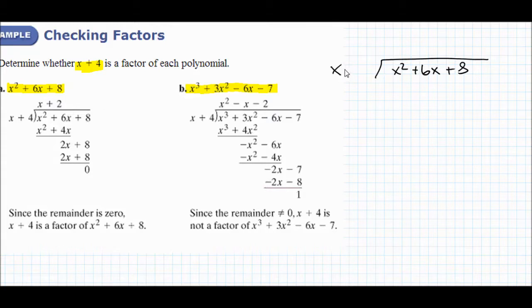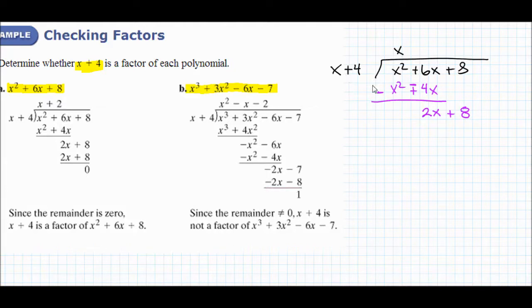So we've got the divisor of x plus 4. That'll go in x, which gives us x squared plus 4x. We've got to change the signs to subtract them. So that's going to leave us 2x. We drop down the 8, so it's 2x plus 8.